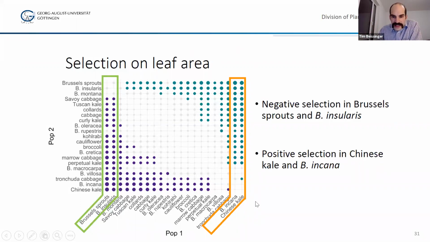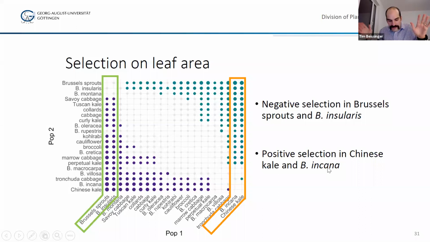So what was neat here is that she sees evidence of selection for smaller leaves in Brussels sprouts and in this guy Brassica insularis compared to everything else, and she sees evidence of positive selection in Chinese kale and in Brassica incana.